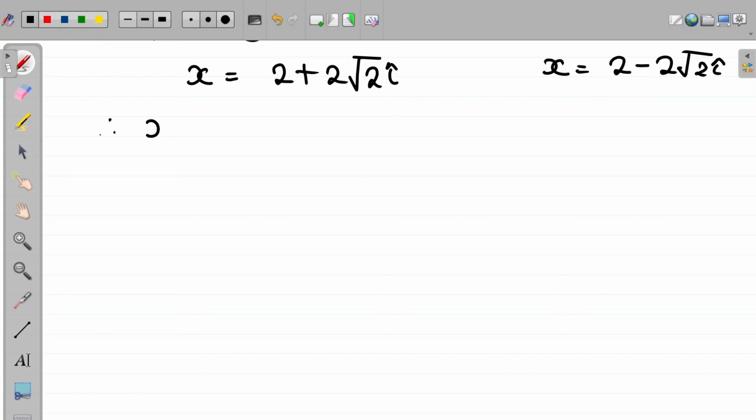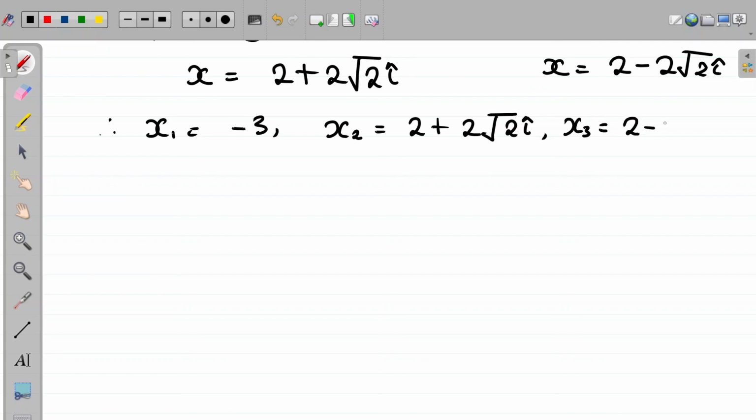We obtain that x1 is equal to minus 3, x2 is equal to 2 plus 2 root 2i, x3 is equal to 2 minus 2 root 2i.